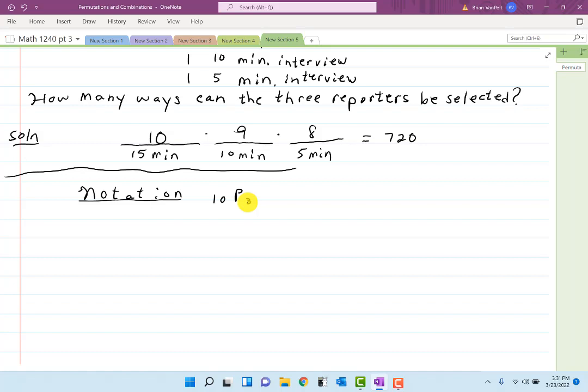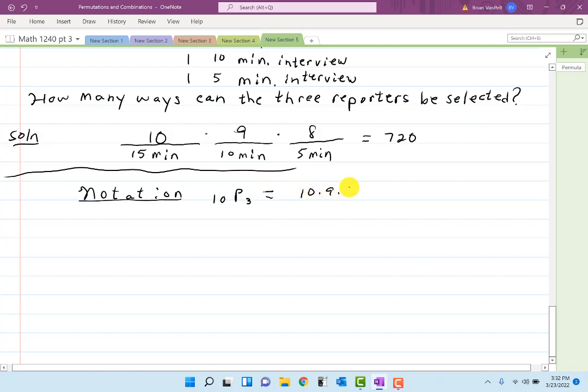So if you look at it, let me write the formula down that we had here. We had, in this last problem, 10 times 9 times 8. Now I'm going to do a trick. I'm going to multiply the top and bottom by the same amount like this. Now if your eyes glaze over at such experiments, you of course can ignore this and just fast forward to the next part of the tape.